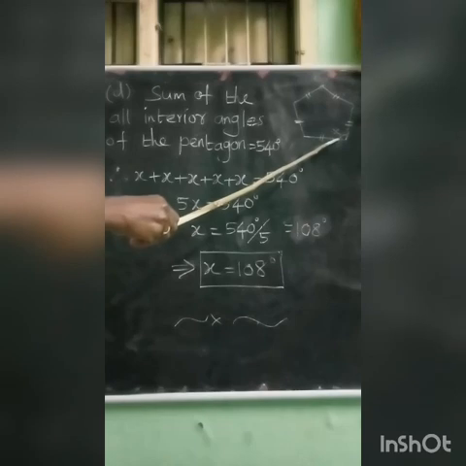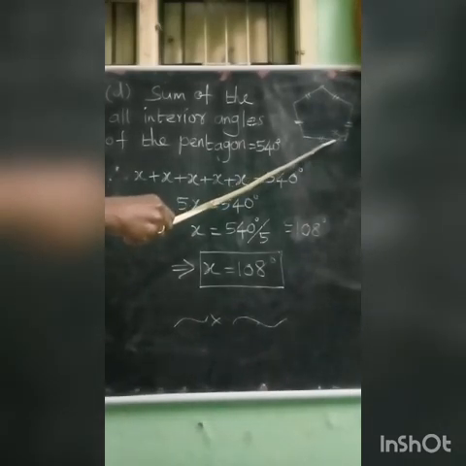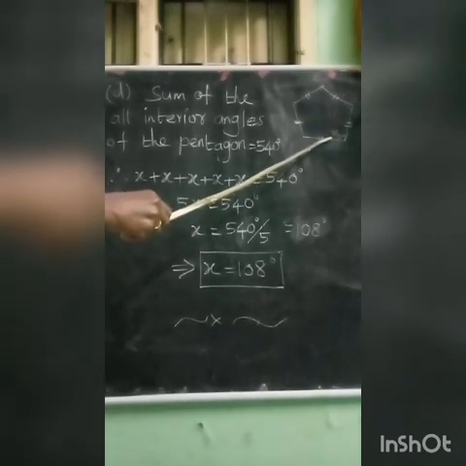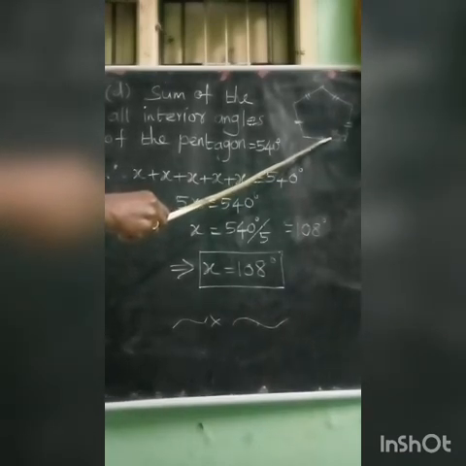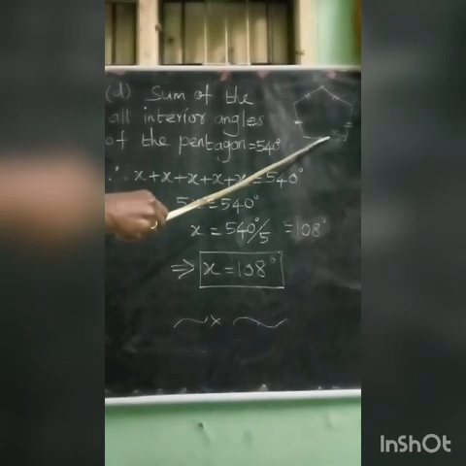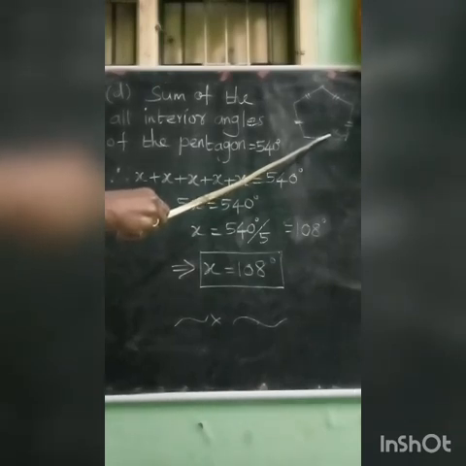Here, the given measure is only x. One angle is x. In the regular pentagon, all sides are equal length and all angles are equal measures. One angle x is given.